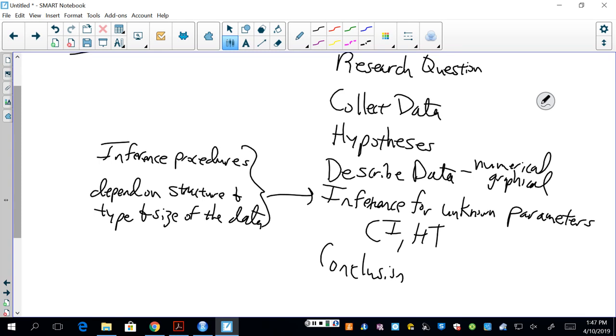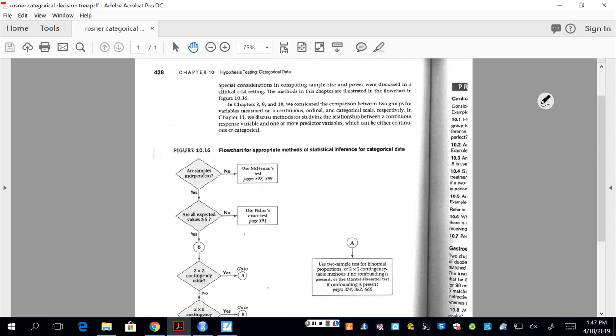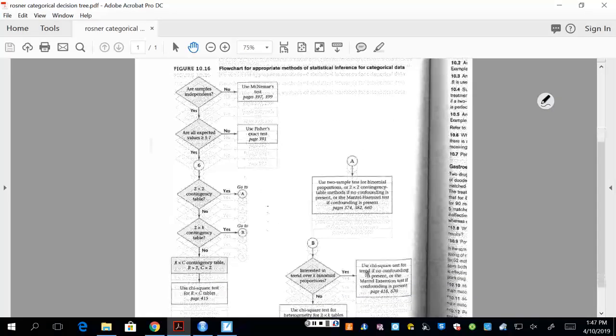In the book are some of these charts. The book really has a kind of decision framework. And this would be one of the flow charts that's in the book.